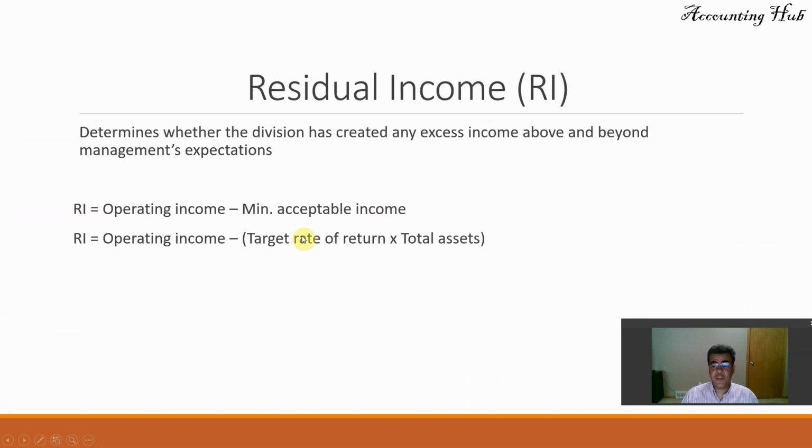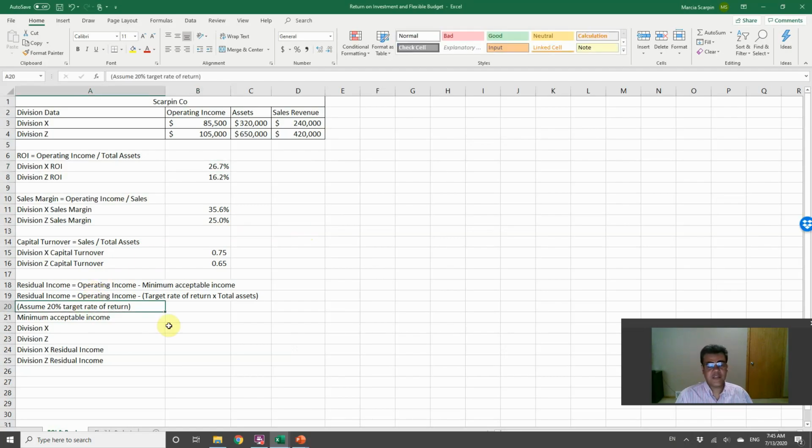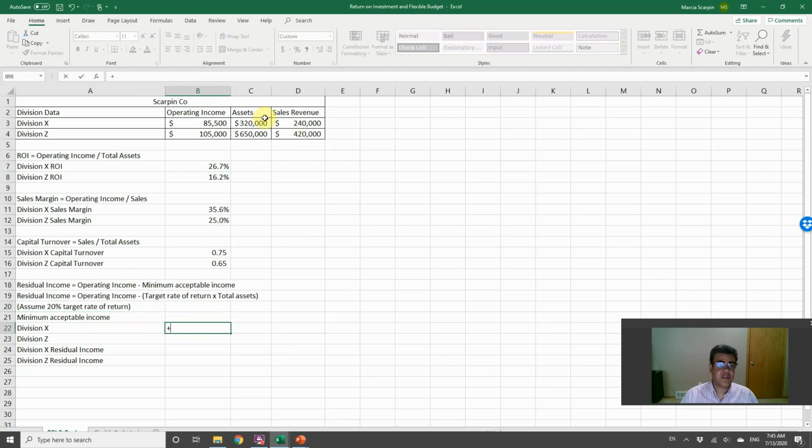Target rate of return times total assets. So let's come here. Assume 20% is our target rate of return. So our minimum acceptable income for Division X is total assets times 20%. Division Z is the same.